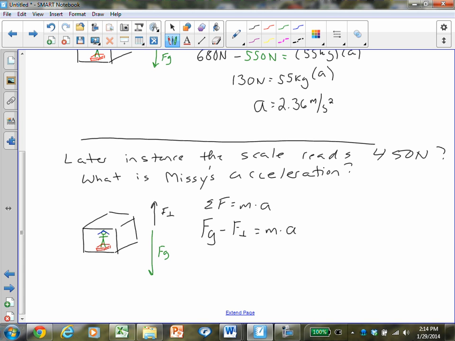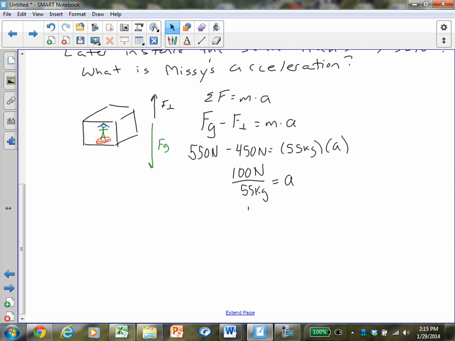FG is 550 newtons, just 55 kilograms times 10, minus what the scale is reading, which is 450 newtons, equals a mass of 55 kilograms times A. So that's 100 newtons over 55 kilograms equals A. 100 divided by 55 is 1.82.